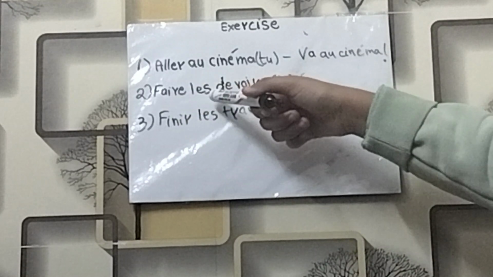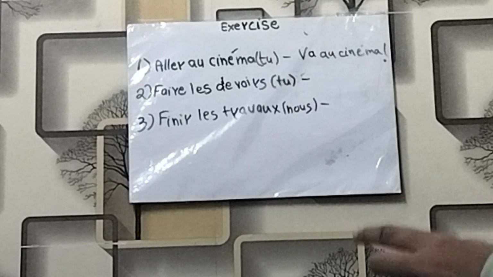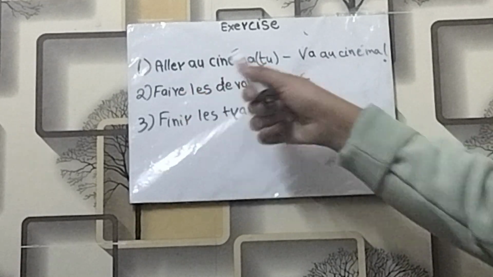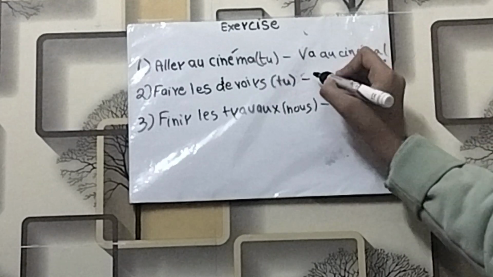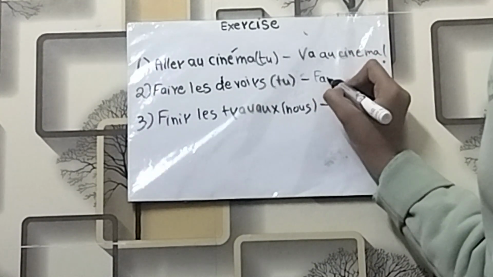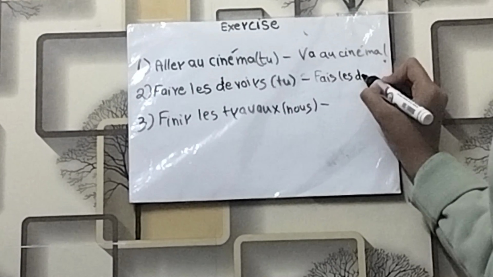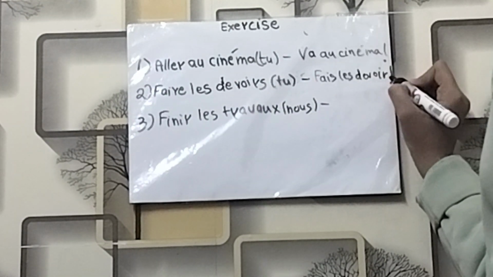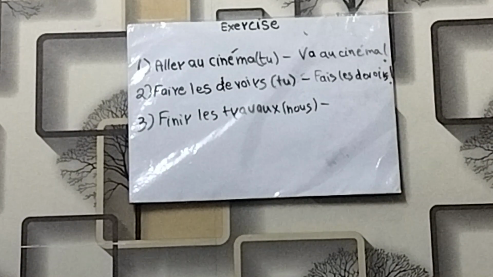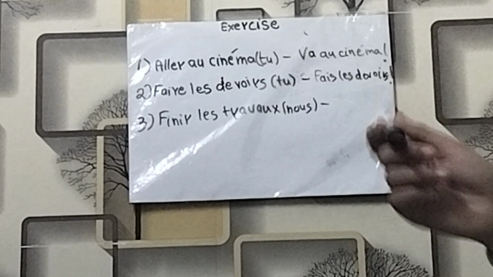Now, finis les devoirs. Again we will conjugate it with tu, but it is not an ER ending verb, so we will not remove any s. It is like finis, and the rest everything as it is. Just put the exclamation mark. Now the last question, it is finir les travaux, and we have to do it with nous.